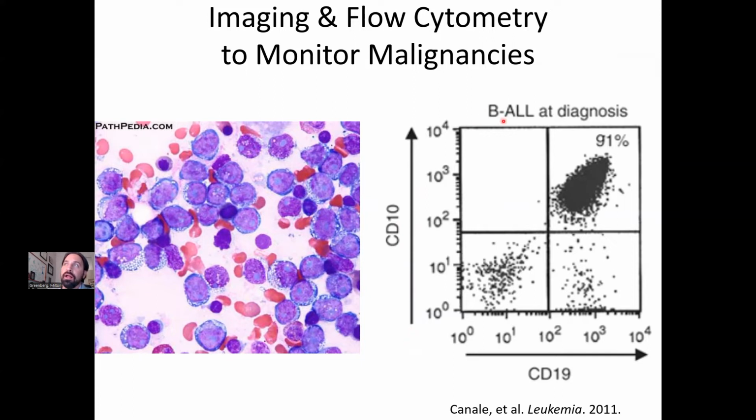Here we can also see the diagnosis of B-ALL, and this is using flow cytometry. You can see this B-ALL expresses two common B cell markers, CD10 and CD19. These are markers that are expressed on B cells, but normally B cells are at a pretty small percentage in the peripheral blood.